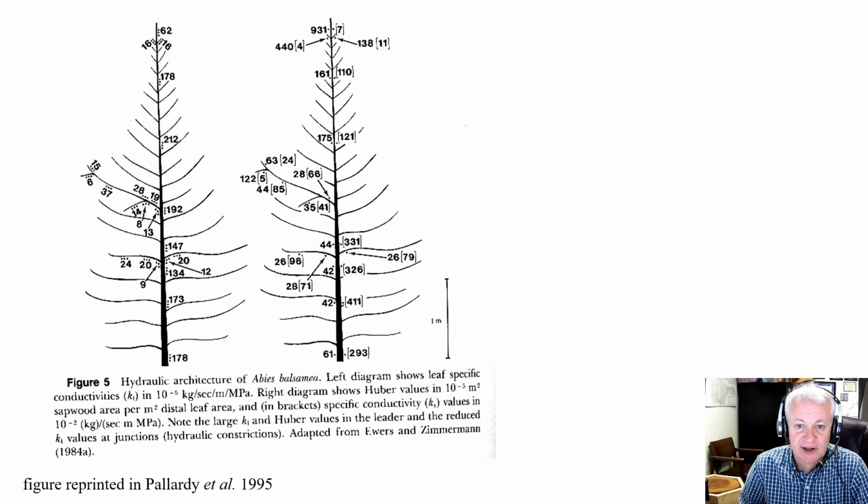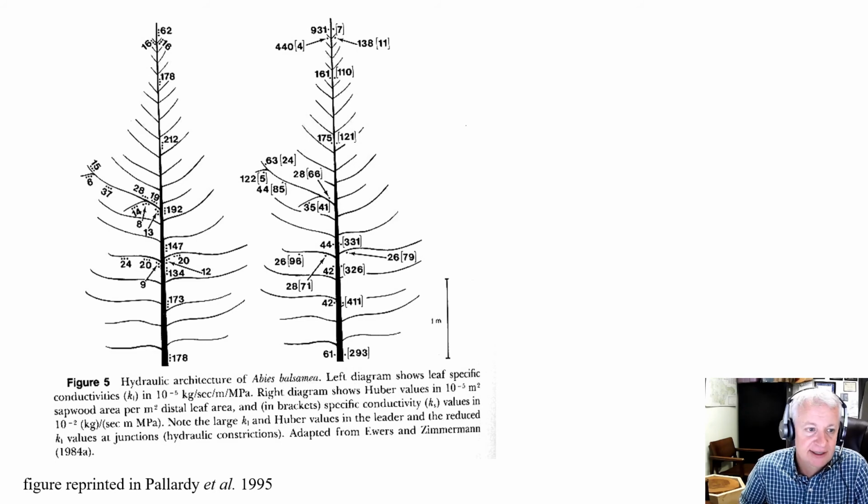Zimmerman wrote a book called Xylem Structure and the Ascent of Sap that was later released in an updated version as Tyree and Zimmerman. So I really encourage you to check that book out of the library and read it. It's a great pioneering work that really helped me understand the concepts of water potential and xylem hydraulics.